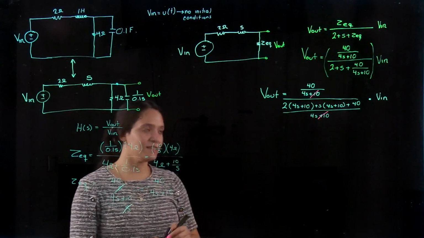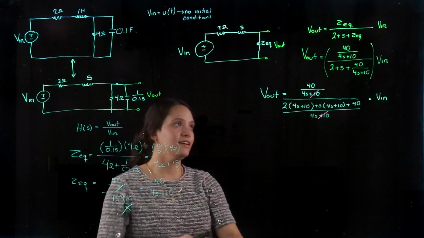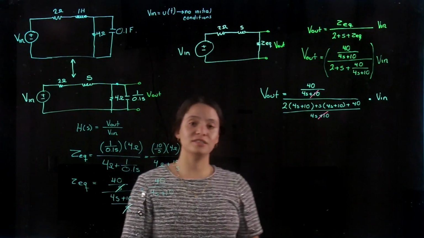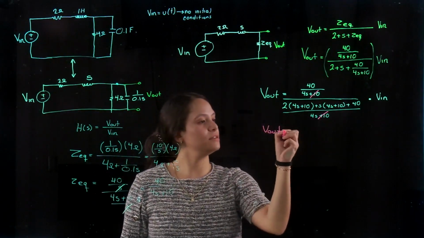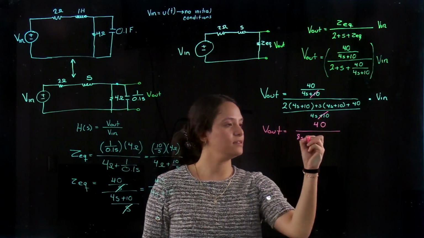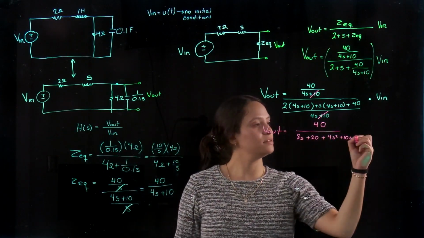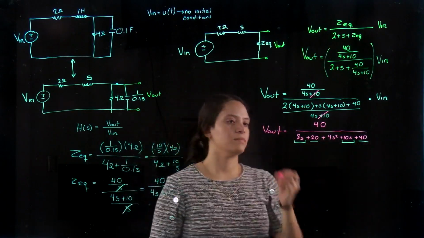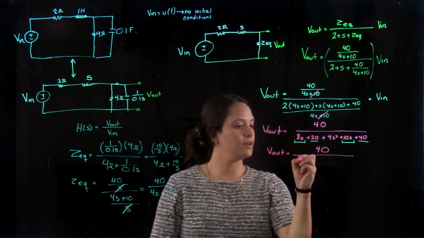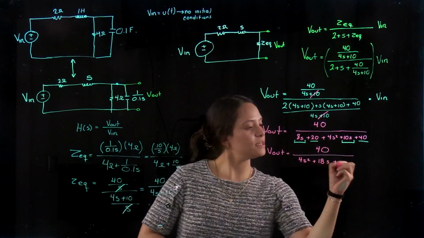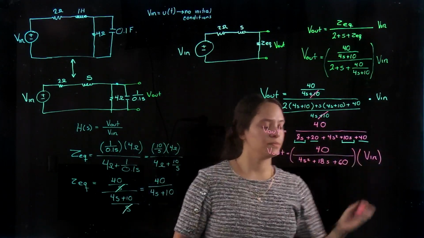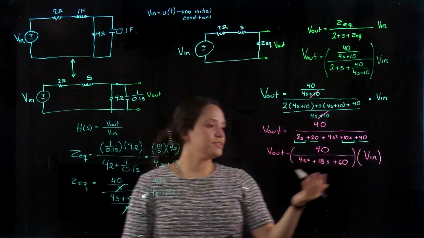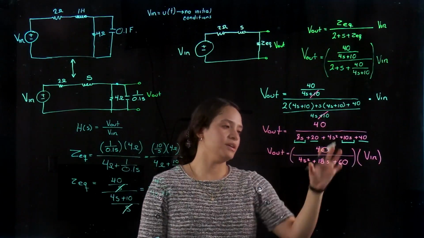So that is one nice thing that happens a lot in voltage dividers. We can leave it like that or simplify it a little bit more.